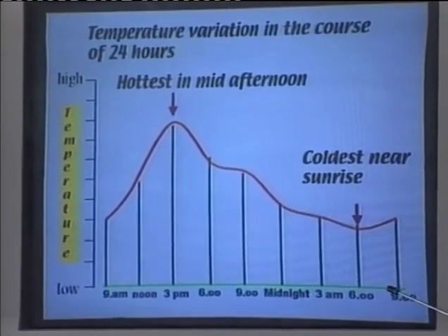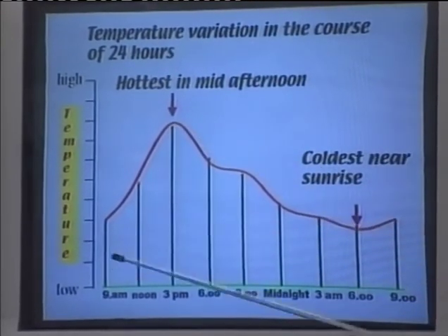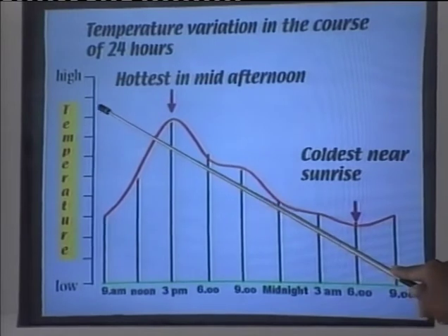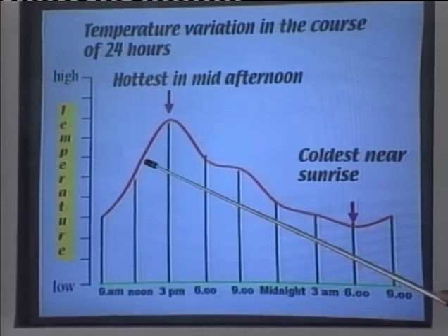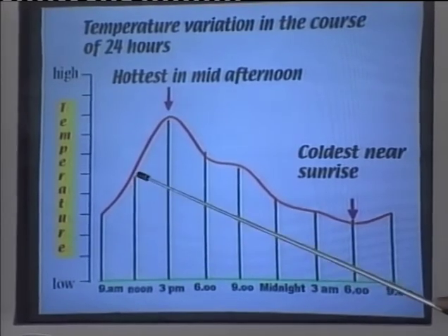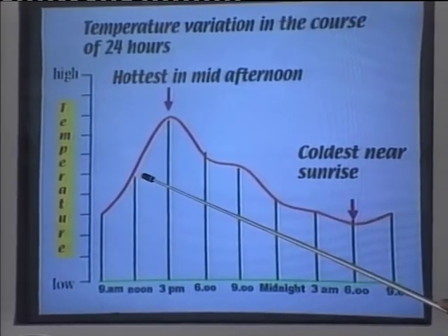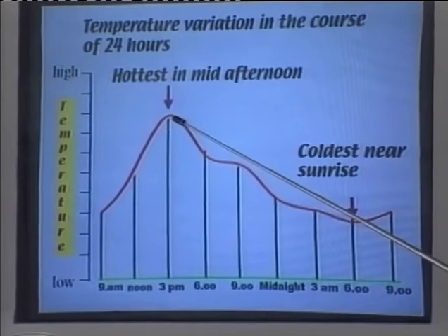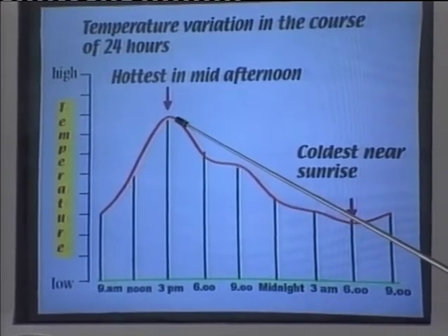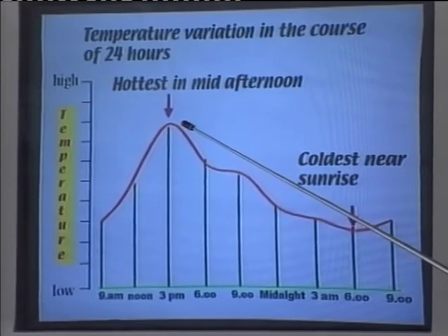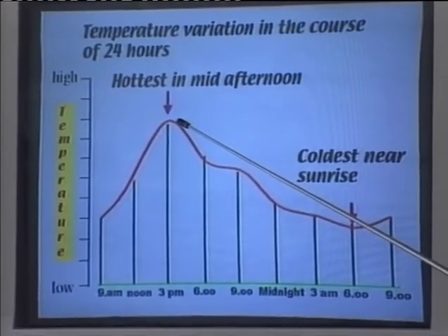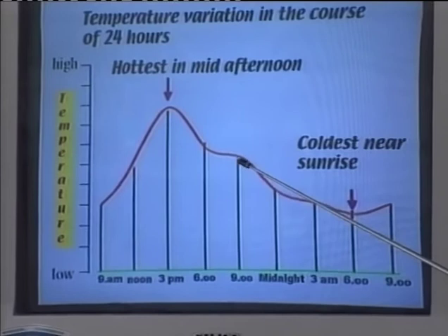According to this graph, okay, so here we have the energy from the sun heating up the surface. Temperatures start to rise. By the time it is 12 o'clock, temperatures are here and it is still rising towards mid-afternoon. By the time we reach about 3 p.m., that is the time when the temperatures are at the highest, mid-afternoon. And then after that, temperatures start to decrease.